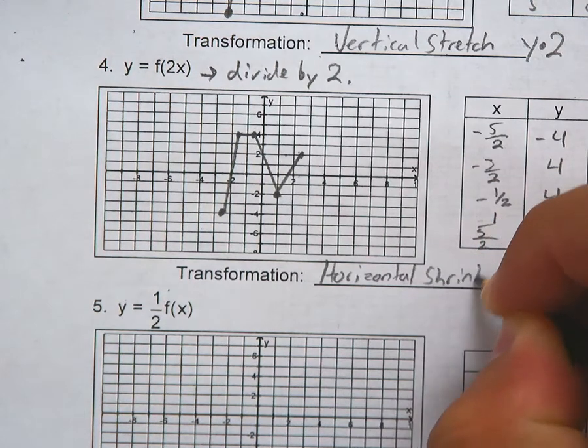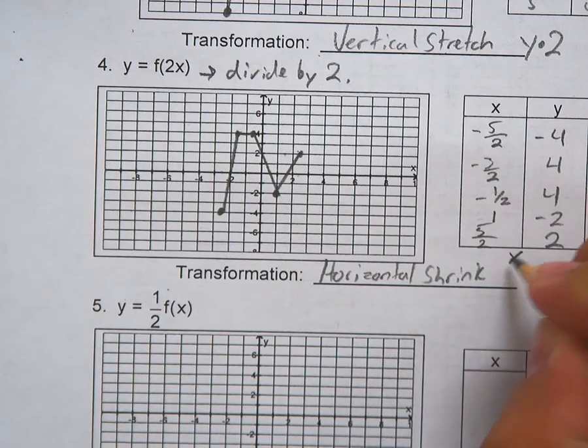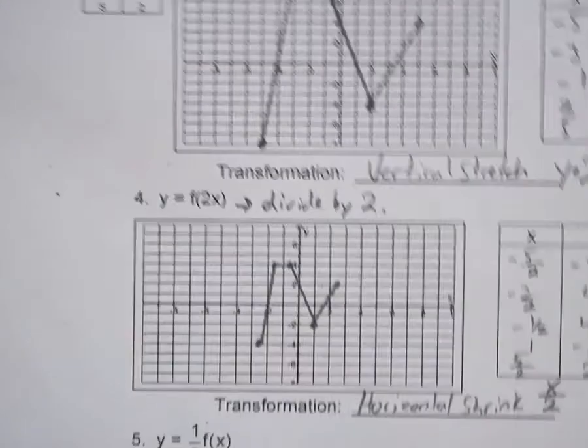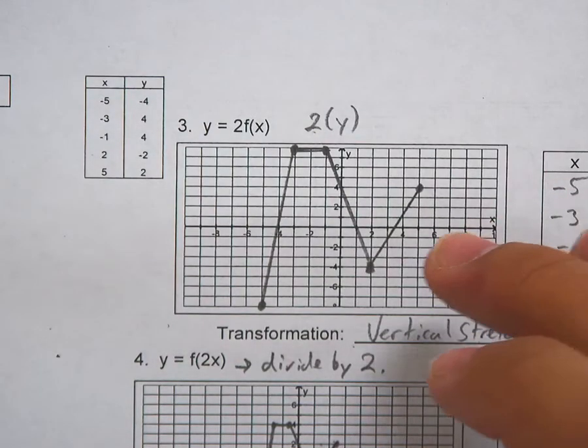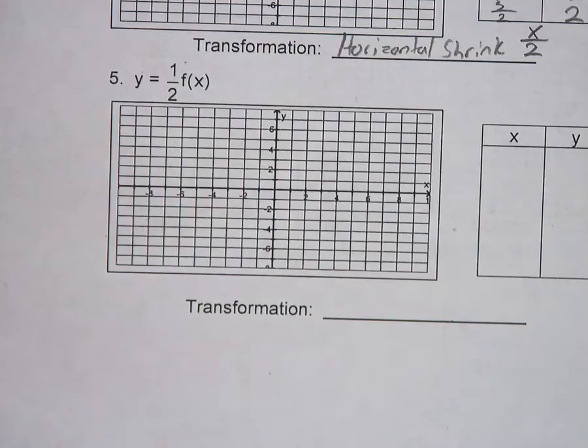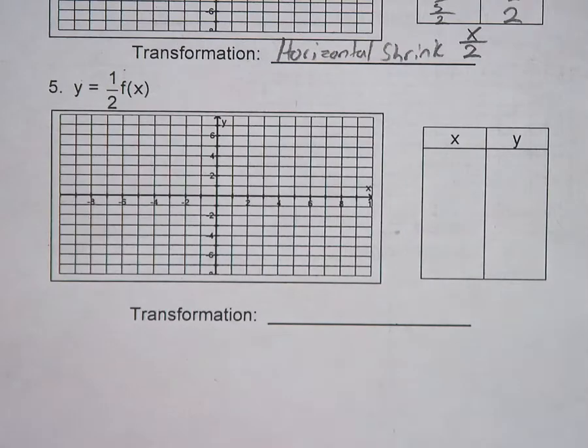Horizontal shrink. And you are taking x and dividing it by 2. So vertical stretch up above it. If this happened to be dividing by 2 instead of multiplying, kind of like in number 5 down the page, which you'll see in a second, there's a couple of different names for it, but you can call it a vertical shrink is fine. Vertical compression is fine. Shrink, stretch, those are usually the ones we stick with, but compression and expansion, those both work.